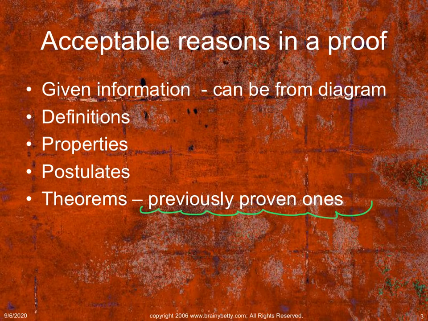What it means here by previously proven ones is that, let's say we're writing a proof in chapter 2. The only thing that you can give me as a reason in a proof is information that we learned in chapter 1 and in chapter 2.